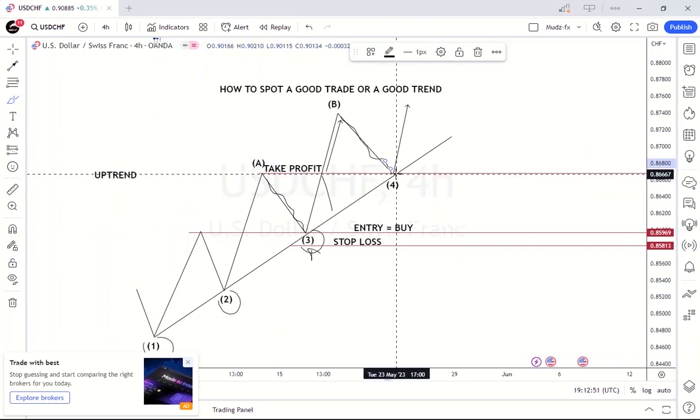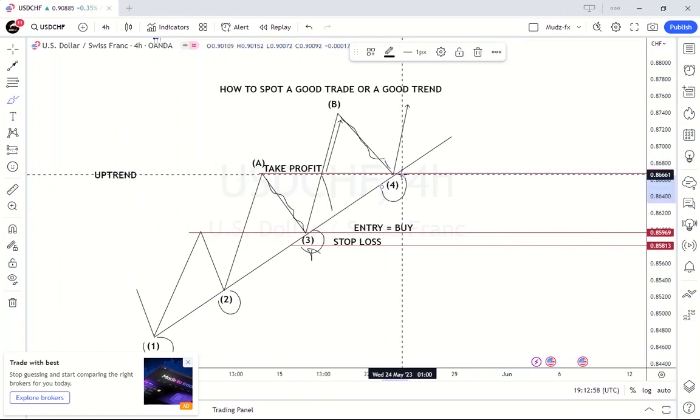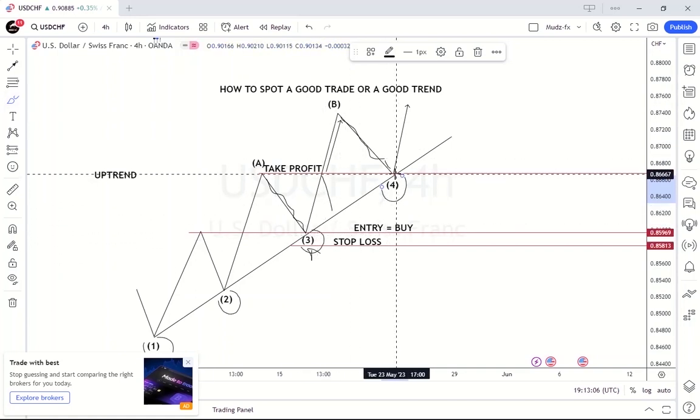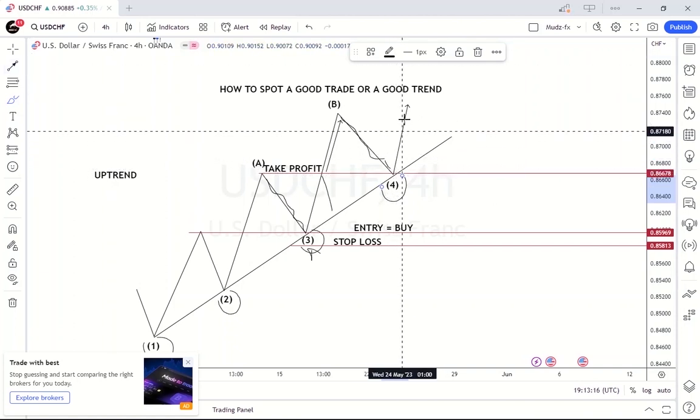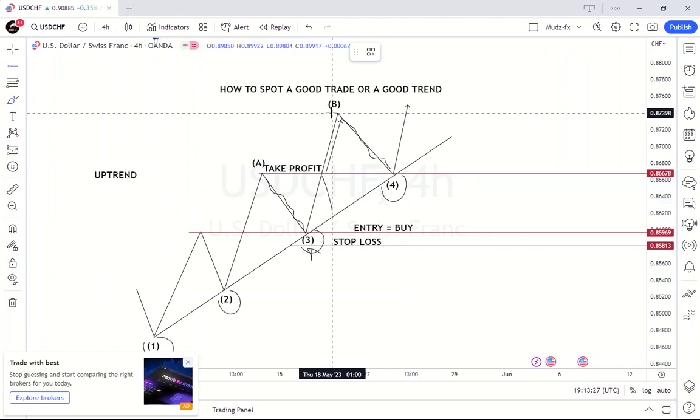So on number 4, we do the same strategy that we did on number 3. Wait for it to hit our trend line, and then reject from here and start moving up, right? So when it moves up, we have to look for our TP, for our target.